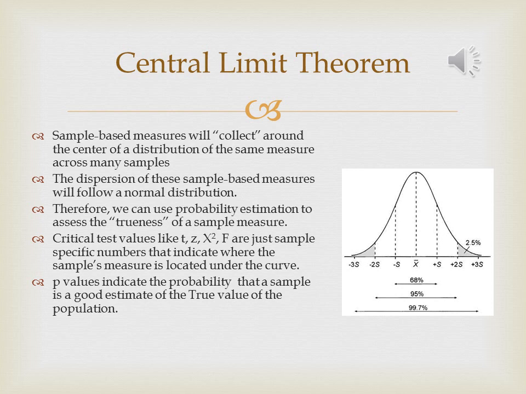If my number is out there somewhere, then I can say that no, it's too far away from the expected mean of the population, or the expected proportion of the population. And so I can say that my sample number is not a good representation of the population.